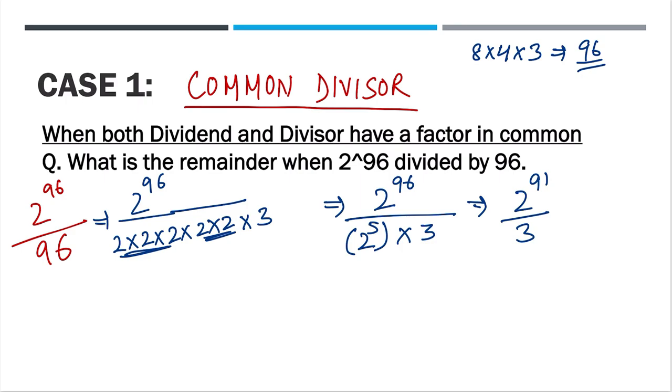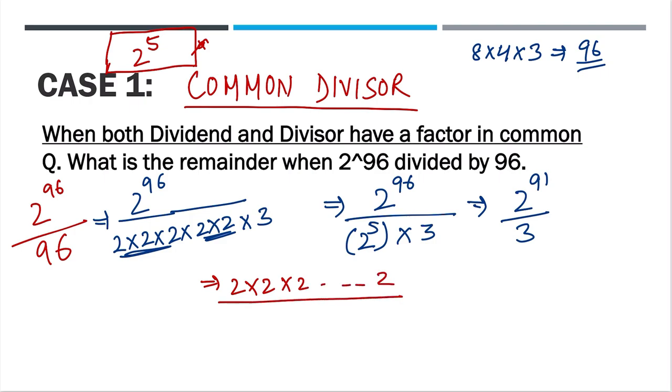The only thing you have to make sure is to make a locker over here. Let's call it a locker, and put 2 raised to power 5 here, which we are going to use in the end. For now, 2 raised to power 5 is safe in our locker. Now do the simple calculation. This is 2 into 2 into 2, 91 times, divided by 3.